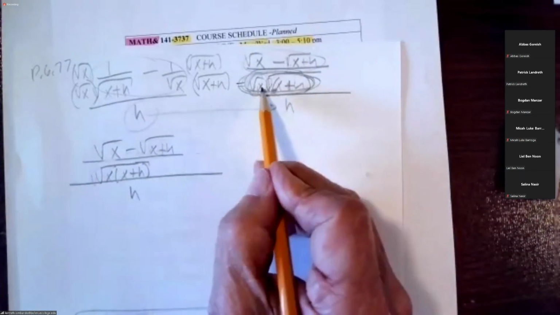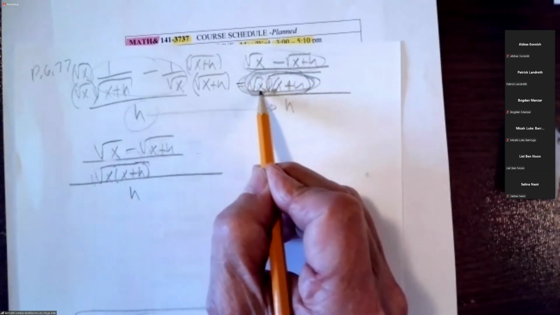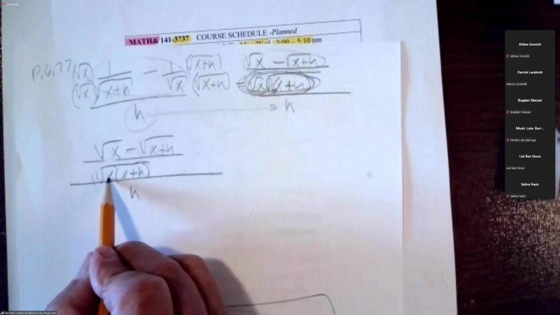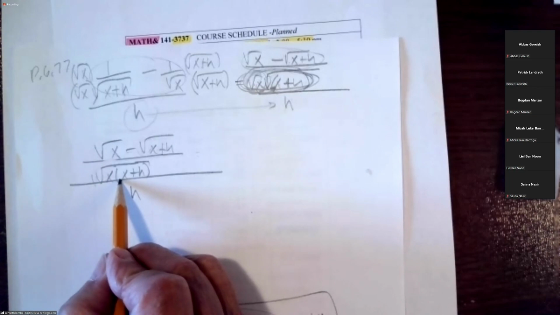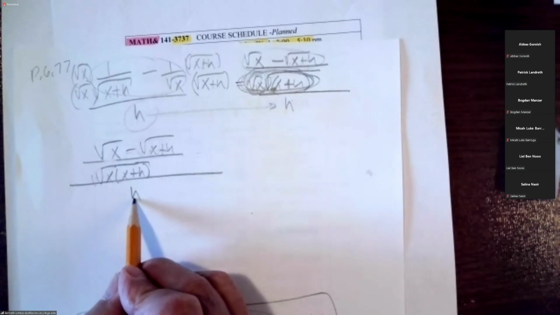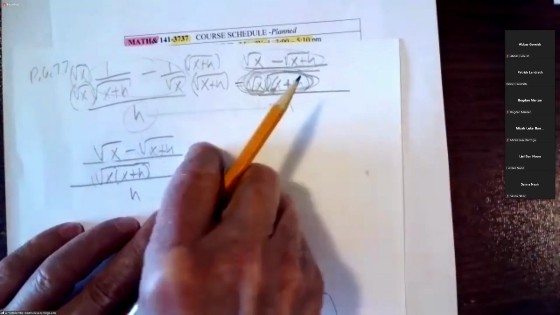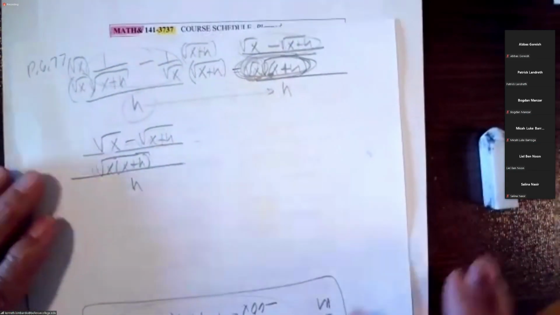So if I multiply by x, I've got to multiply by the h as well. So I'm just going to leave the root x outside and call it x times x plus h. Okay, makes sense. And that's all over h. So I'm going to stop there until I get everybody in agreement. We all agree this is where we are.